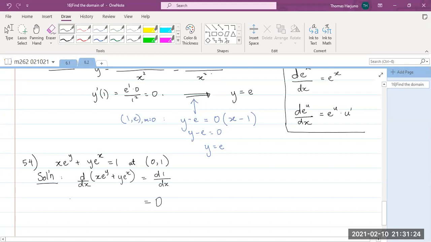Now the left-hand side, you do the product rule. 1 times e to the y plus x times e to the y times y prime. For this part only, maybe I color it. So the derivative of this gives me this. Now how about the derivative of this? That's y prime times e to the x plus y times the derivative of e to the x, which is e to the x.